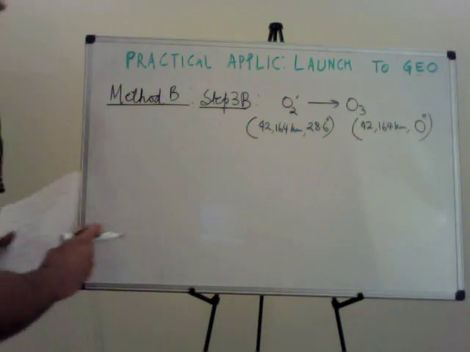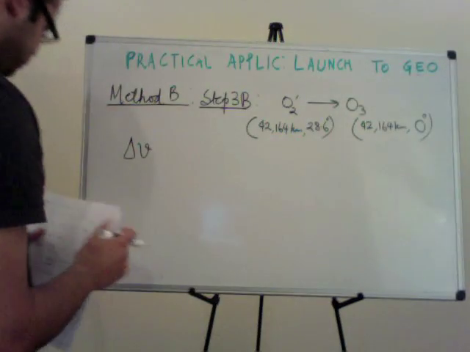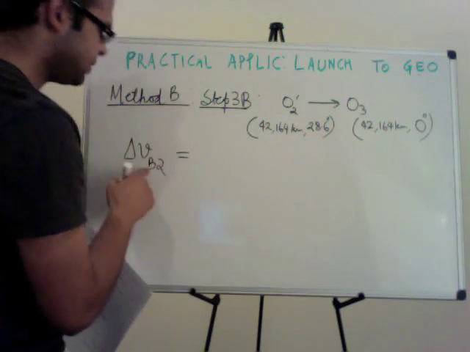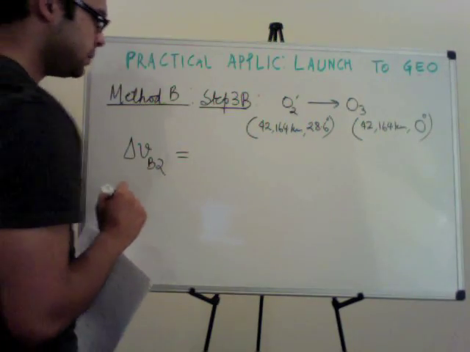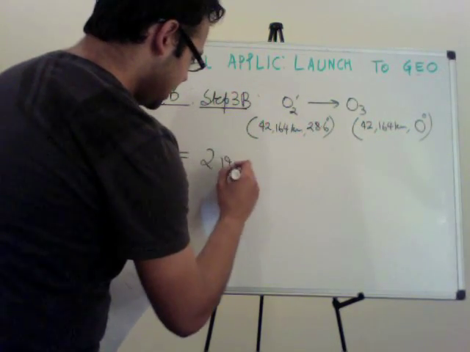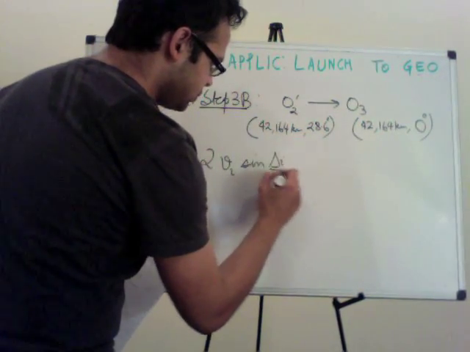All right. So we remember that delta V plane change method B, second delta V, is 2 Vi initial speed sine delta I over 2.